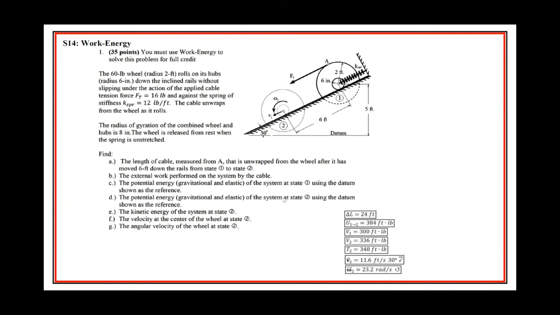With a tension of 16 pounds, and there's a spring at the center of this thing of 12 pounds per foot, and the cable unwraps from the wheel as it rolls. The radius of gyration of the combined wheel and hubs is 8 inches, and the wheel is released from rest when the spring is unstretched.